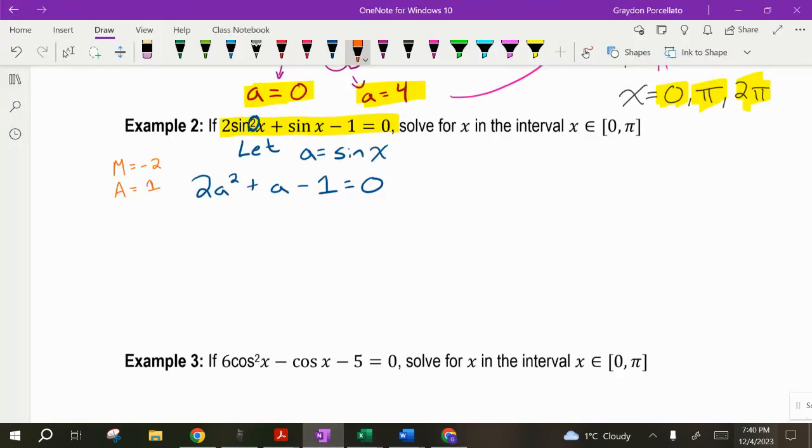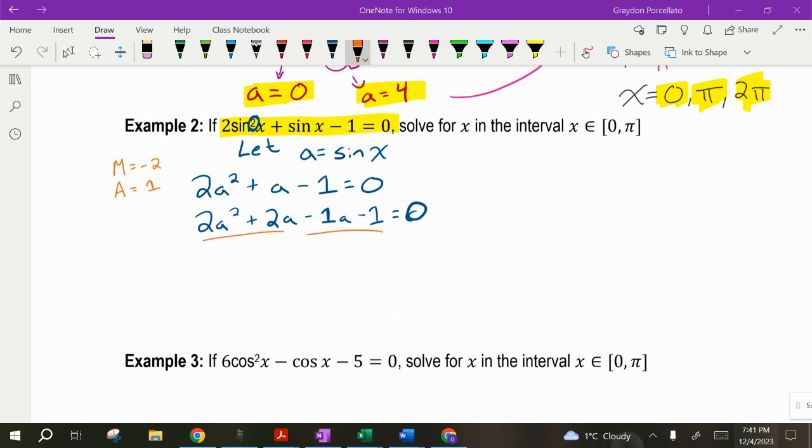So yeah, -1 and +2. So I'm going to decompose my middle term. So 2a squared, -1 and +2, plus 2a minus 1a minus 1 equals 0. I'm going to factor. I'm going to common factor these two.